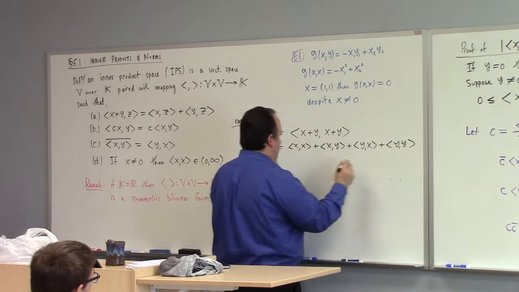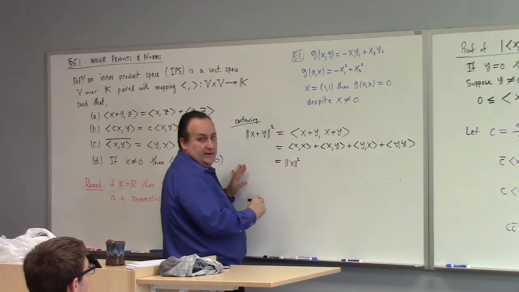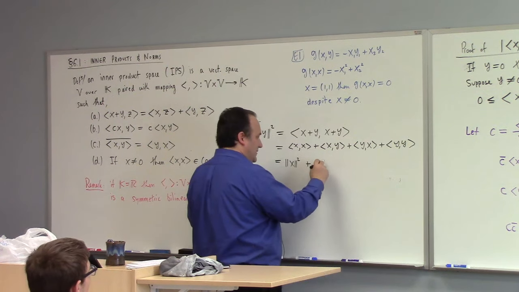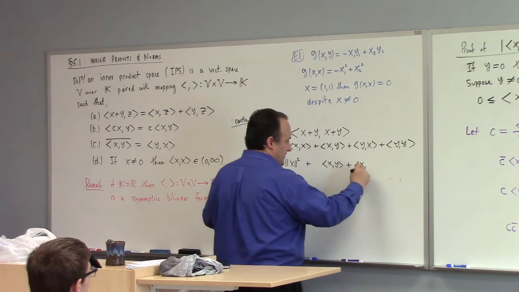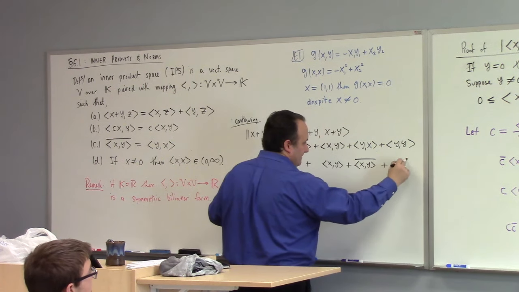Now the outside ones are exactly the norm of x squared, and then in the middle here we've got xy plus xy conjugate, and then here's the norm of y squared.